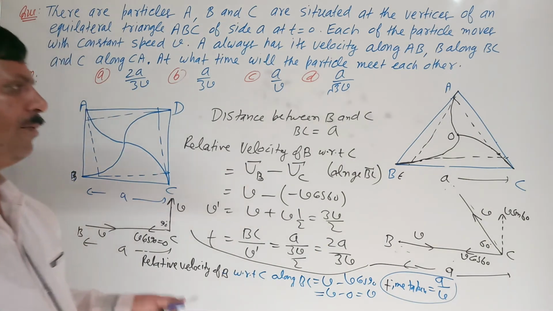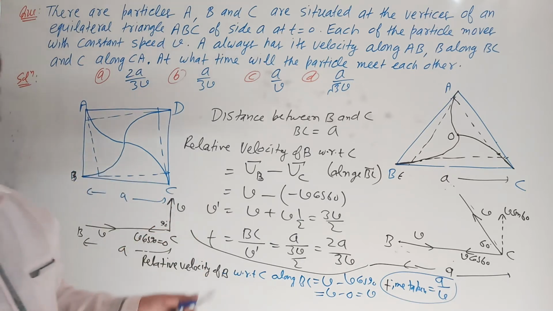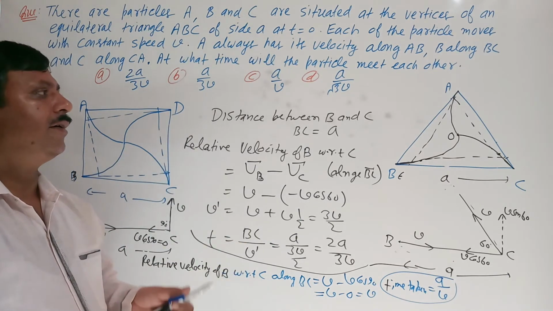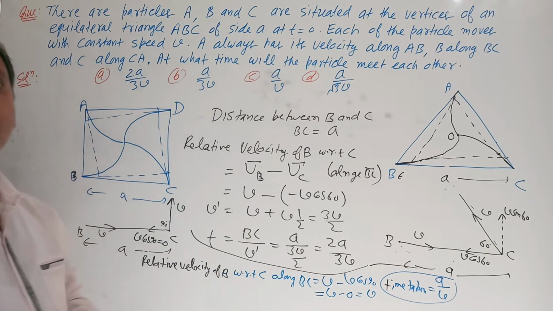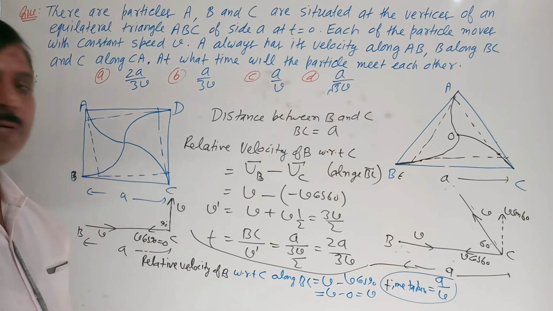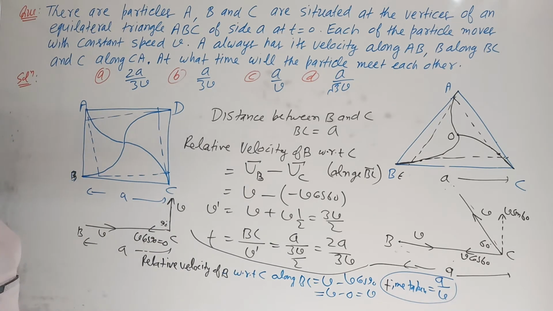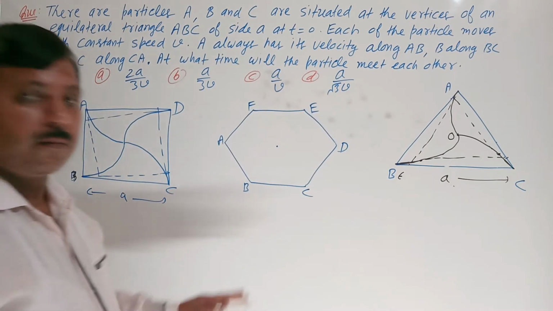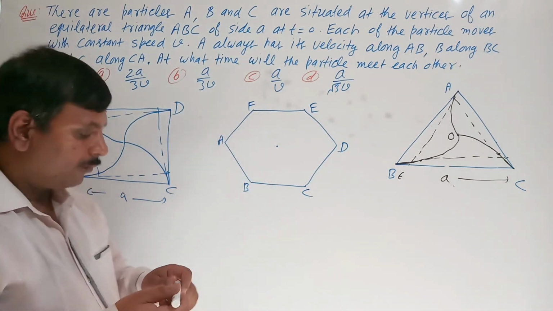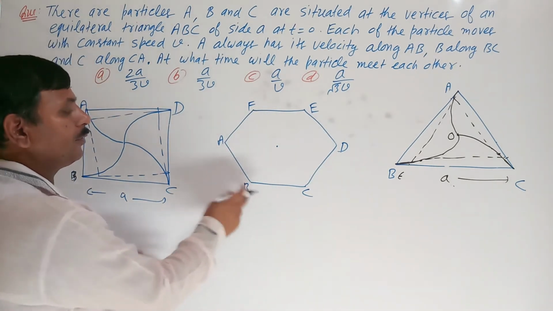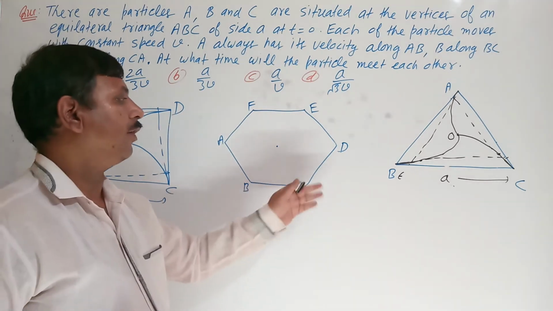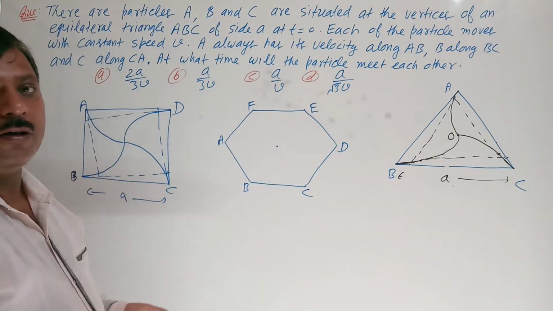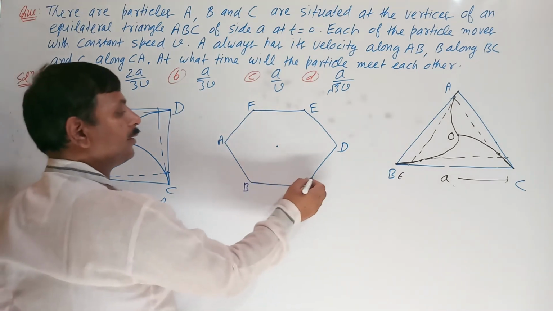One more example we can take. Suppose there are 6 particles, they are at the vertices of a hexagon. So see here, what will be the time taken when they will meet each other? In this hexagon we can see also, A moves along B, B moves along C, C moves along D. So what will be the path?